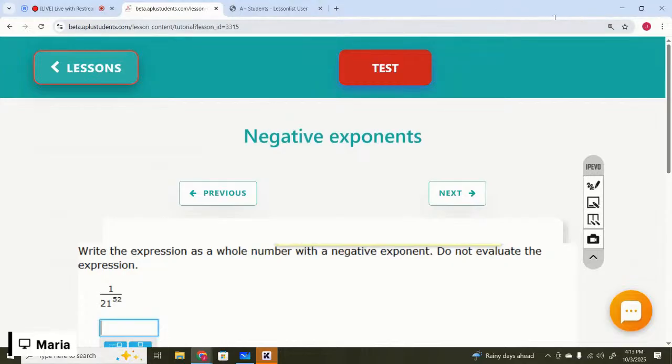So now we're going to learn how we solve negative exponents, right?